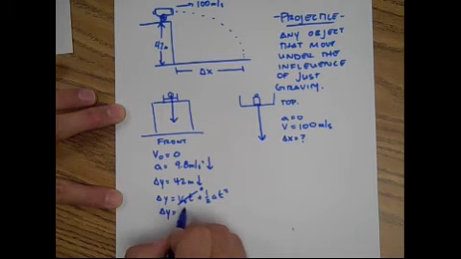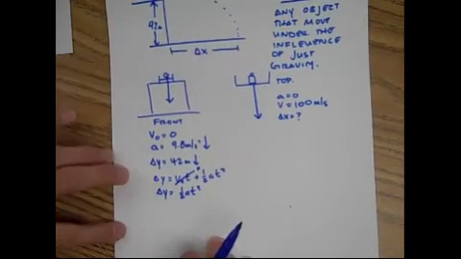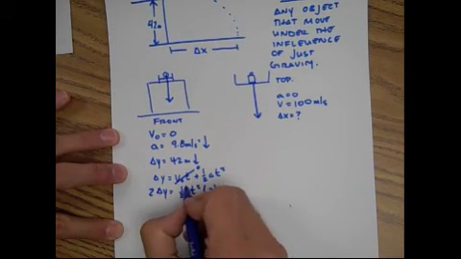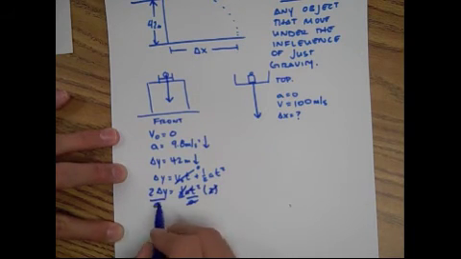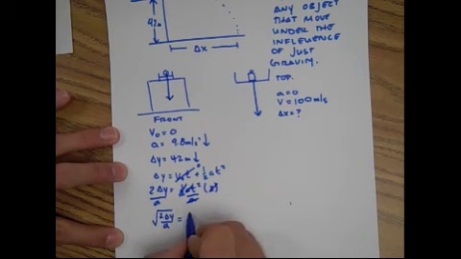And delta y is equal to 1/2 at squared. We solve for t. Divide both sides by 2. Divide both sides by a. So we have the square root of 2 delta y over a is equal to t.